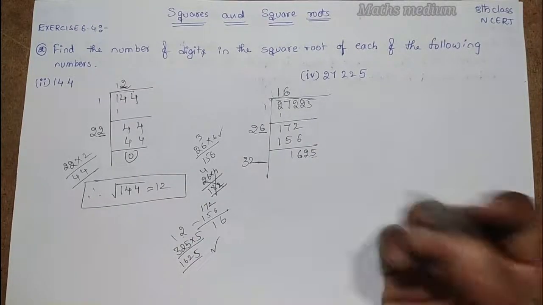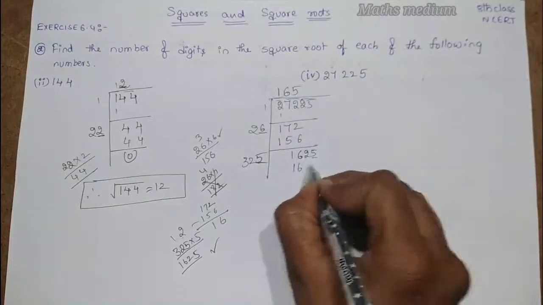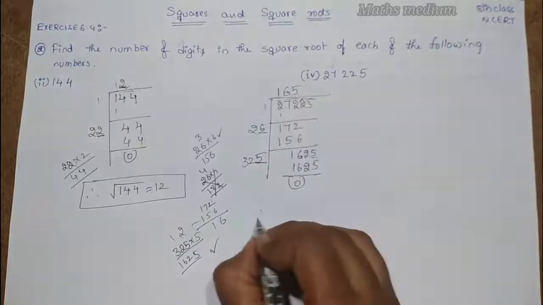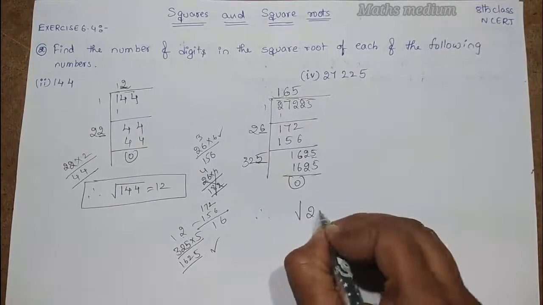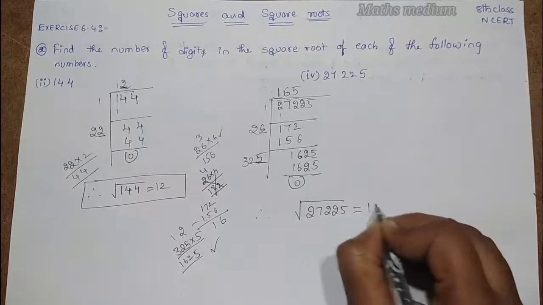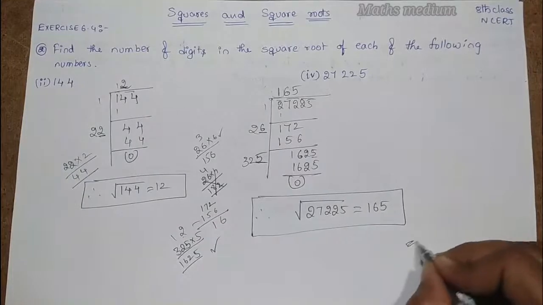Yes, it is exactly. So here is the 5, another 5 is here. 1625. Here it gets 0. So the answer is therefore root over 27,225 is equal to 165. This is the answer for this one.